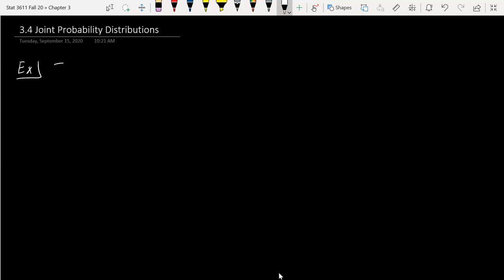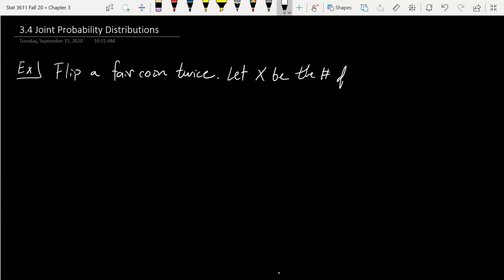So let's say that we're going to flip a fair coin twice. Going to go ahead and let X be the number of heads. So capital X is going to count the number of heads that we get. So we have a single fair coin. We're going to flip it twice.